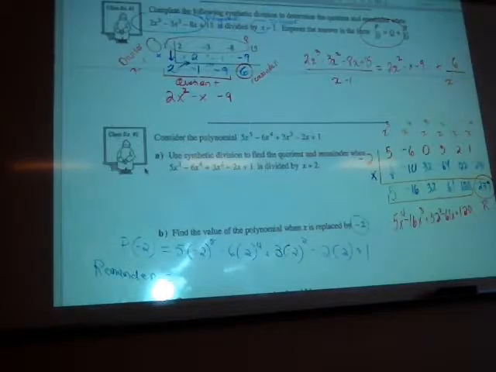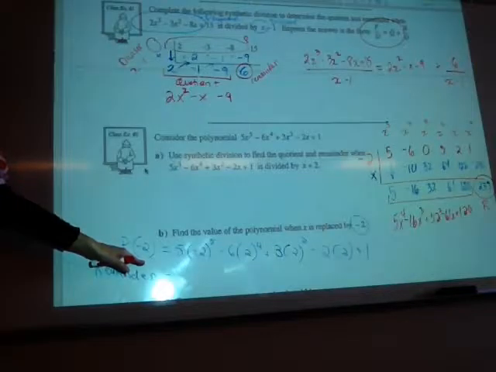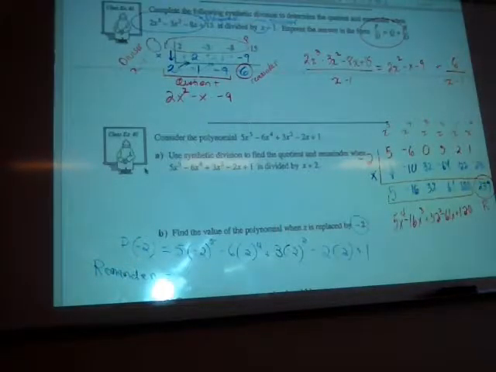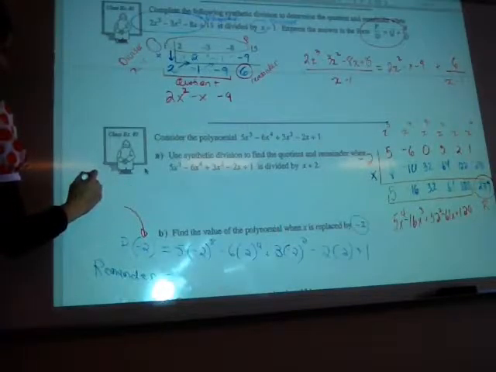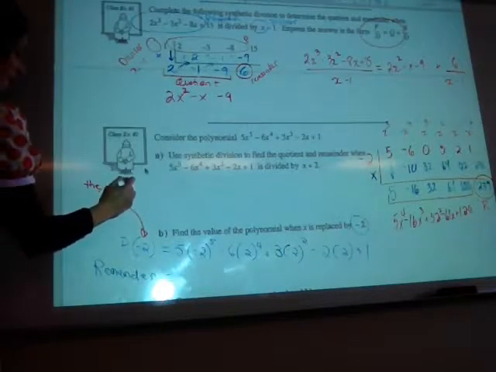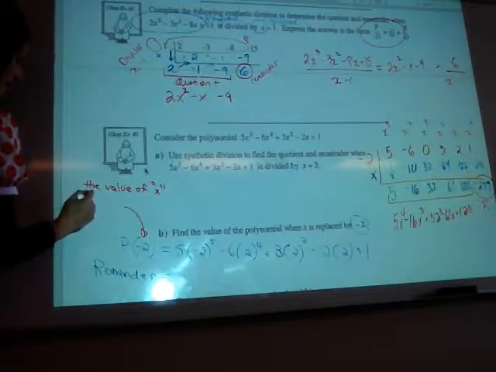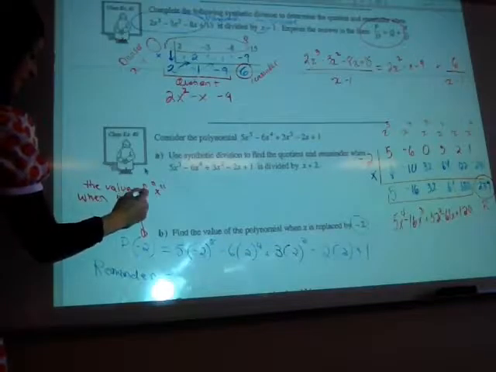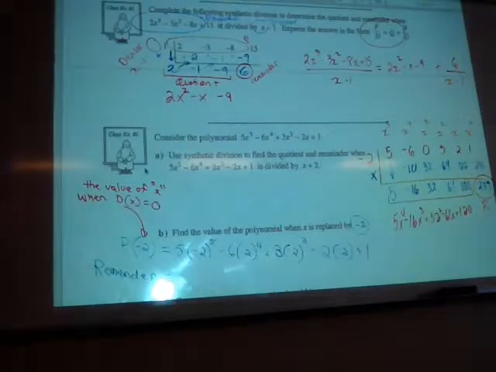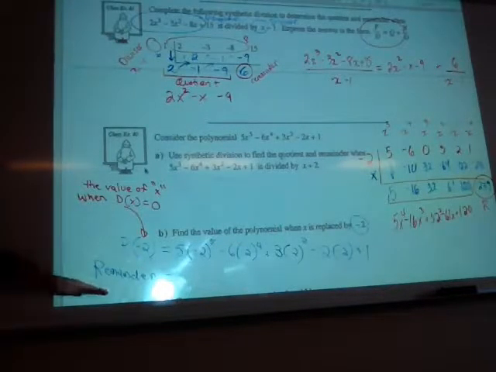So by substituting the value of x that makes the divisor equal to 0, we get our remainder. The value of x when our divisor is equal to 0, substituted into the polynomial, always gives us the remainder.